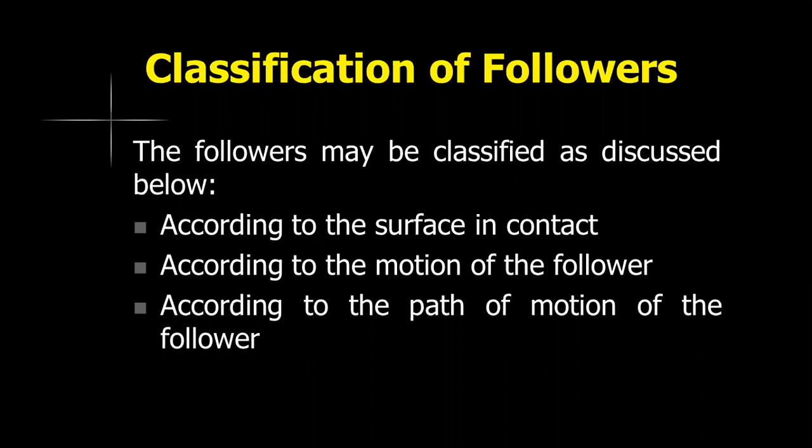The second aspect is the motion of the follower, how the follower is moving, whether it is moving in reciprocating motion or whether it has oscillating motion. And the third category is according to the path of the motion of the follower, which path it takes. Based on this, it is classified.